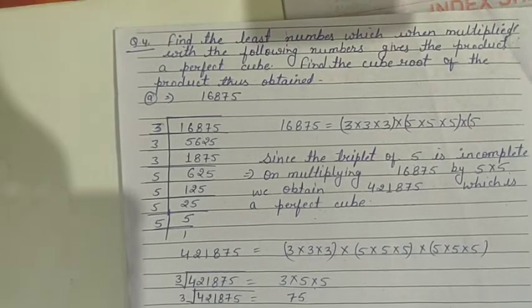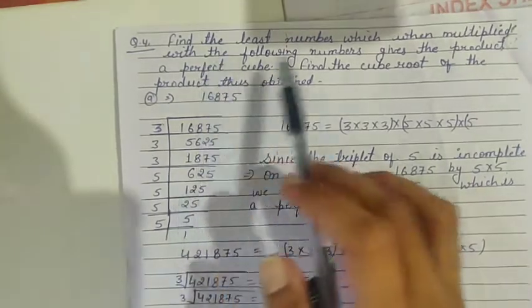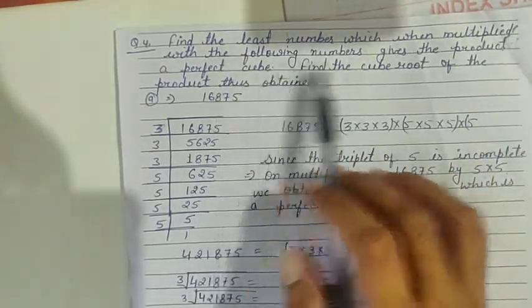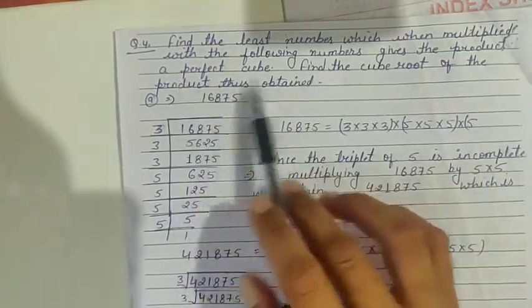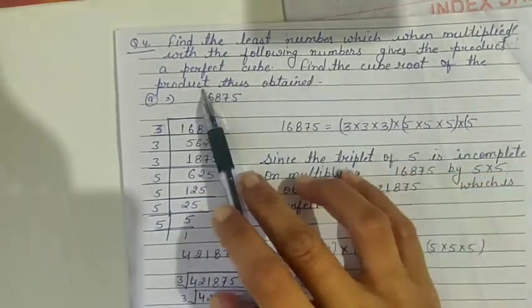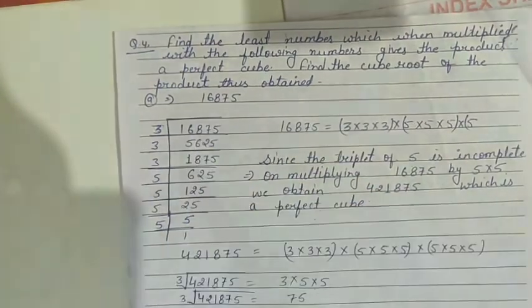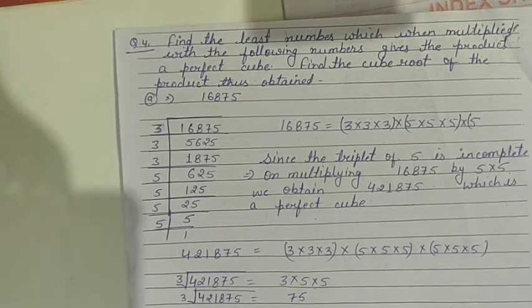Now we will solve a question. Find the least number which when multiplied with the following numbers gives the product a perfect cube. Find the cube root of the product thus obtained. So the given number is 16,875.